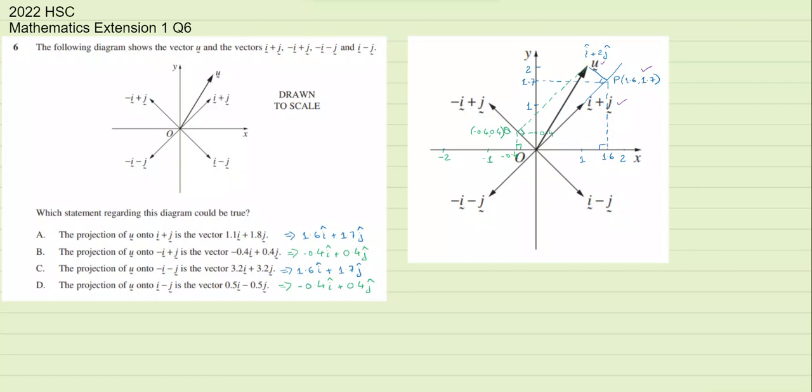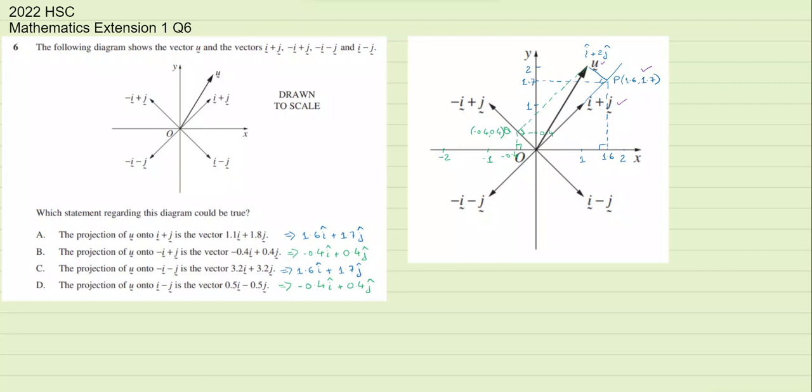Also, the projection on the opposite of minus i plus j, which is i minus j, will also be the same, OQ. Now we see which of the options happens to be the closest one.